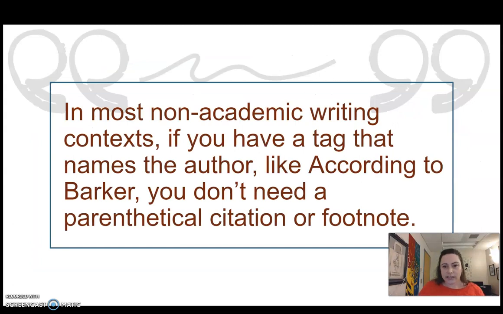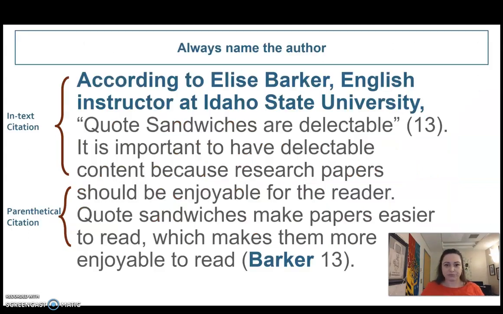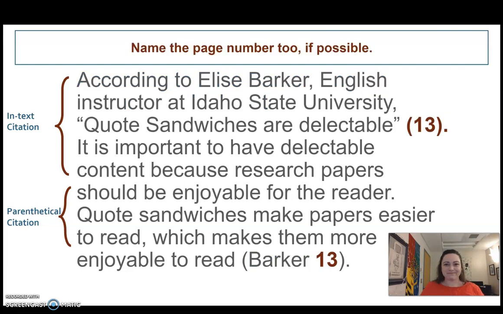In most non-academic writing contexts, if you have a tag that names the author, you really don't need a parenthetical citation or an endnote. But regardless of what you're using, you should always name the author, whether you're paraphrasing, quoting, or summarizing. And again, also try to name the page number too, if it's possible.